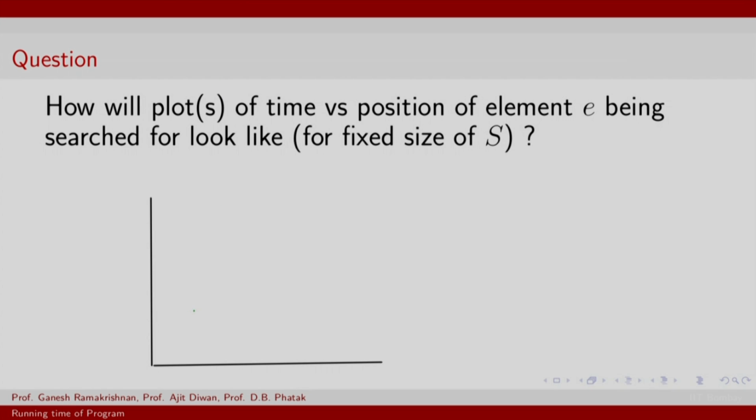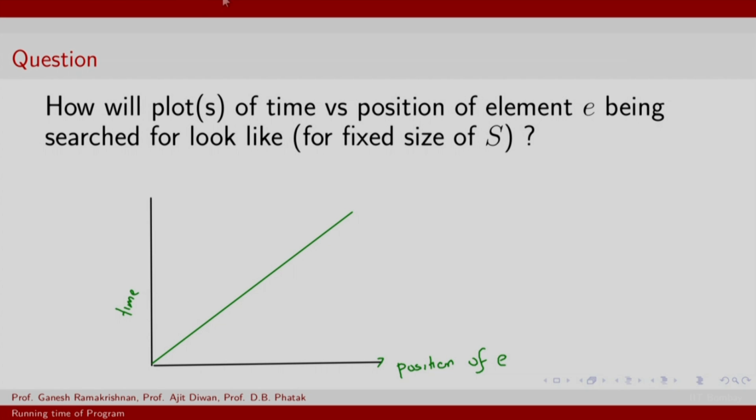So the element E in the case of linear search, as you increase the position of E, this is the time, you would expect the time to grow linearly, assuming a left to right scan, with the position. How about binary search?